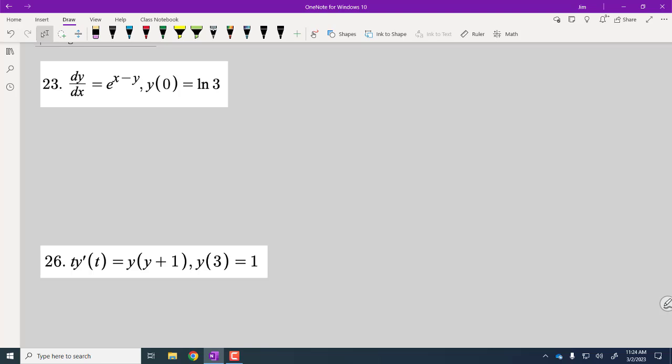And then you're multiplying it. Oh, right, because it's not. So you have ln 3, and then solve for y. I got the same answer.